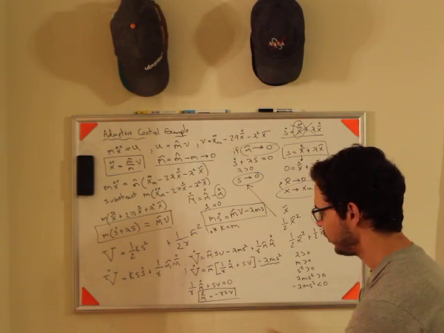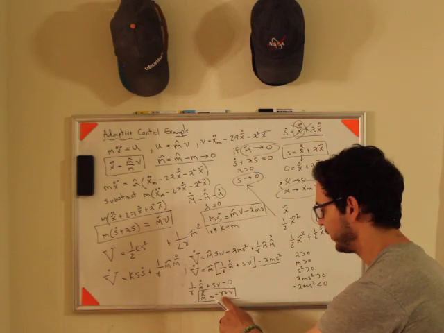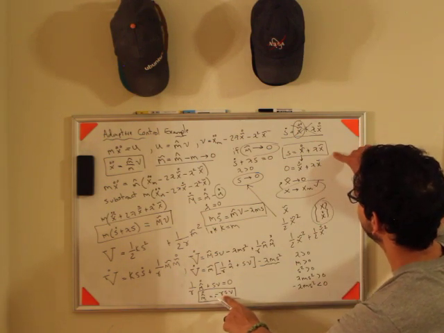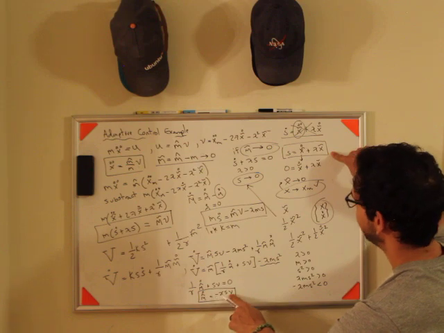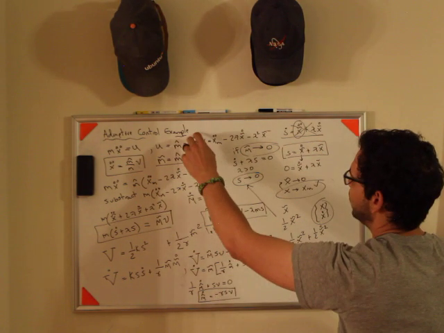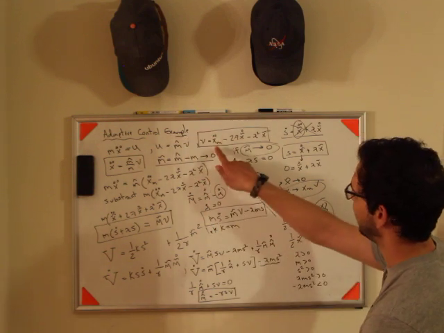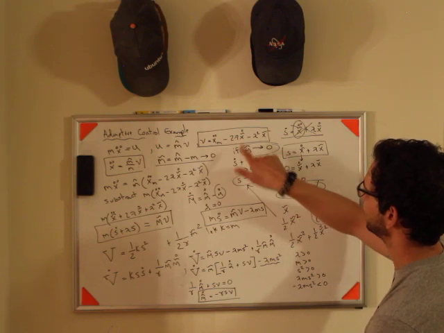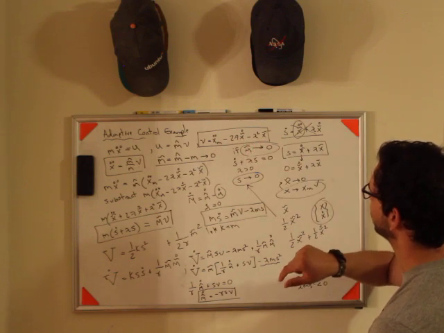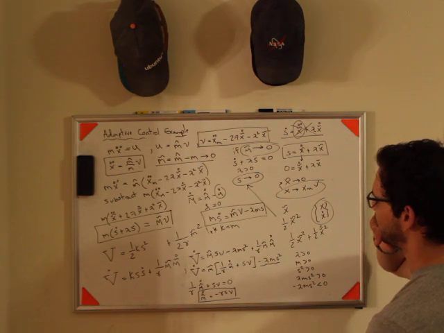If I throw that into my equations of motion, negative gamma, remember gamma is a constant, s is x tilde dot plus lambda x tilde, and v is here. As long as I throw this together, xm double dot minus 2 lambda x tilde dot minus lambda squared x tilde, and remember x tilde is, do I have that written down?